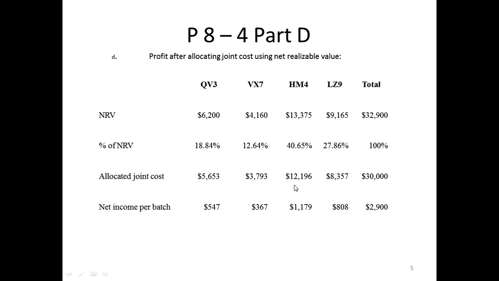You get an allocated joint cost of a little over $12,000, and the net income per batch for this product is 1,179. It is carrying most of the joint cost allocation, although the joint costs would continue to be accrued whether this product was produced or not. So total accounting income of $2,900 per batch.